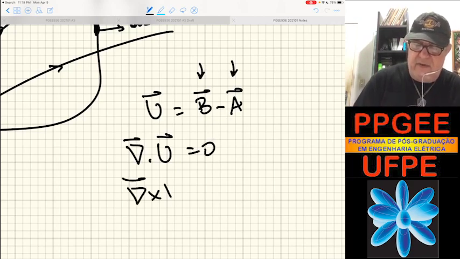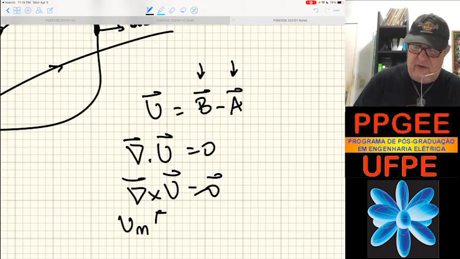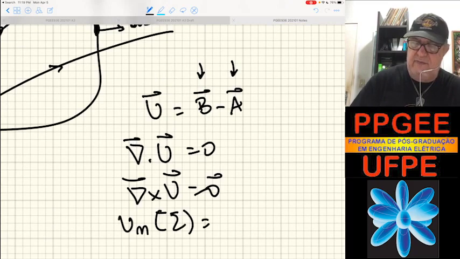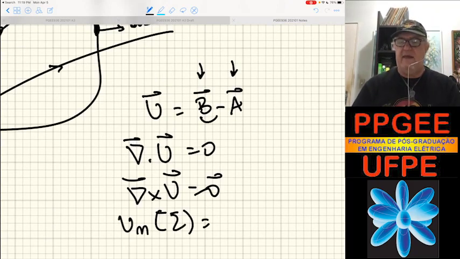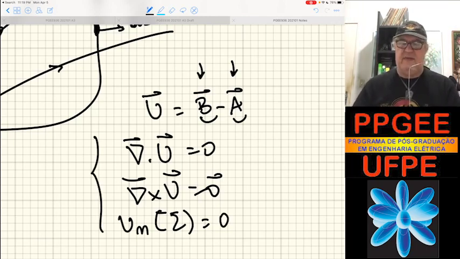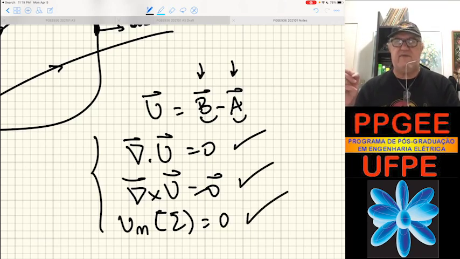Curl of U equals 0, right? And also the normal component of U on sigma equals the normal component of B minus the normal component of A, which equals 0. So I have a vector U which has a 0 divergence, 0 curl, and 0 normal component on the surface boundary.